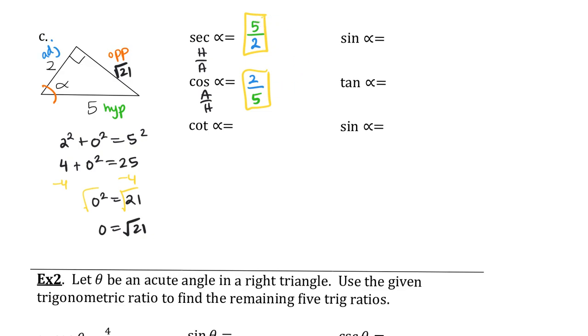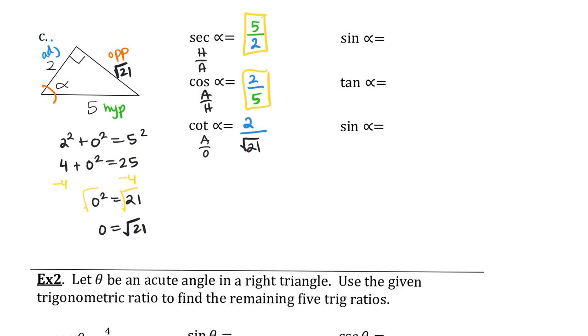Now cotangent, what is that? Reciprocal of tangent. So instead of O over A, it's A over O. A is 2. What's O? Square root of 21. Okay, now there's a problem with this radical. And the problem is we cannot leave a radical in the denominator. So we're going to have to rationalize the denominator.